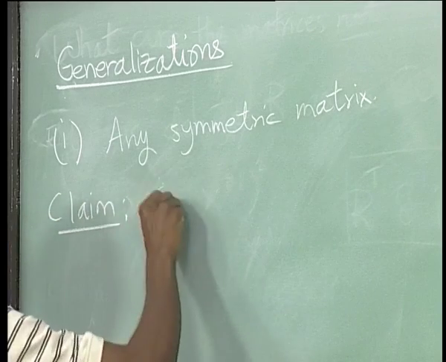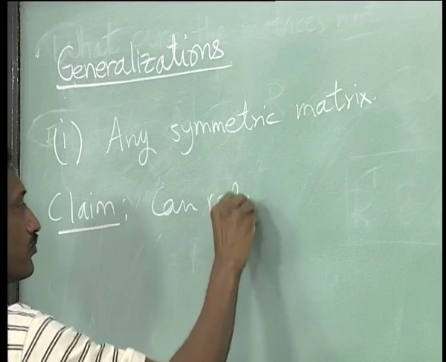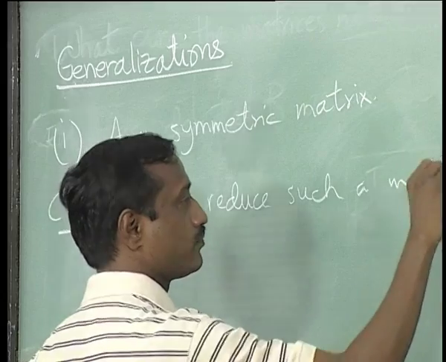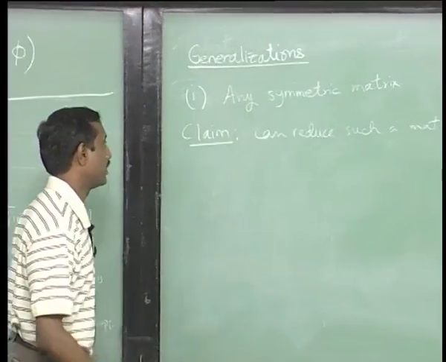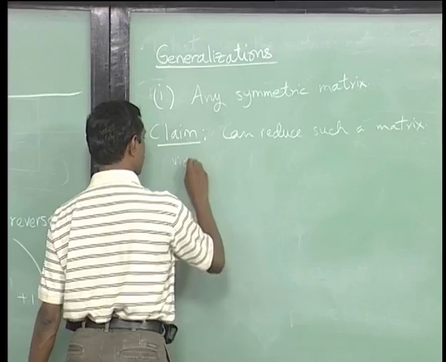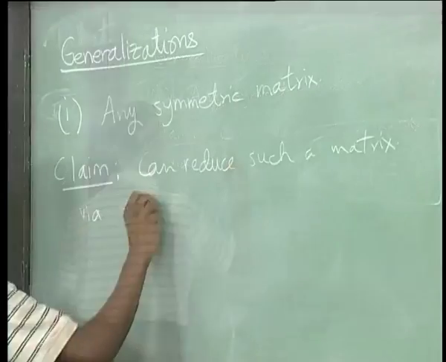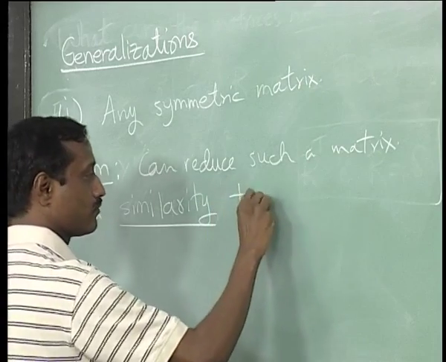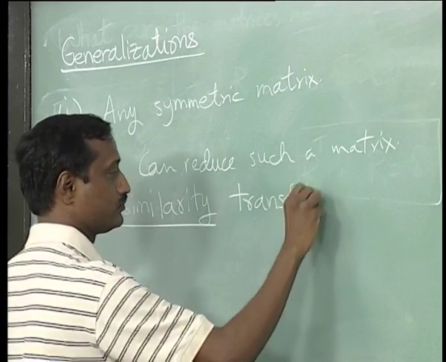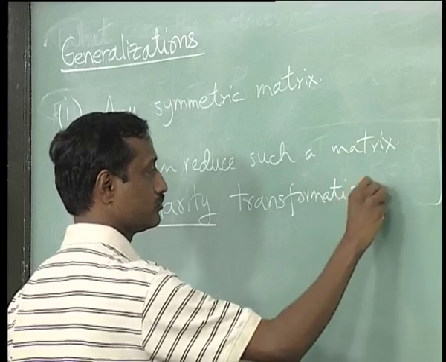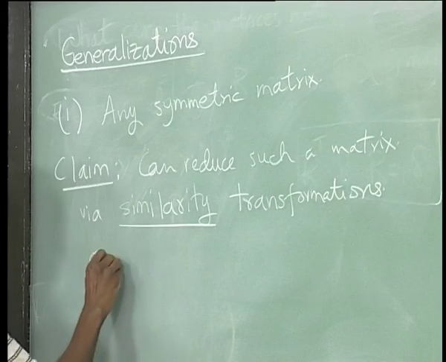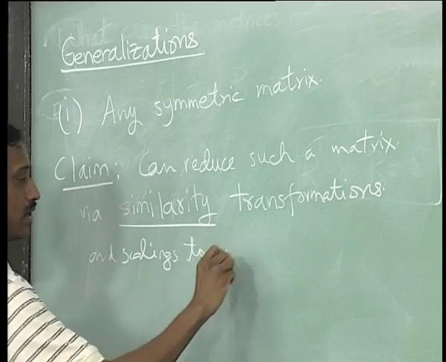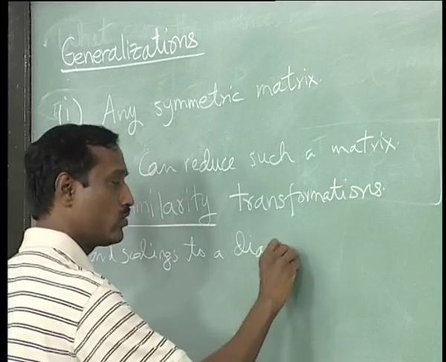You can reduce such a matrix by similarity transformations and scalings to a diagonal form.